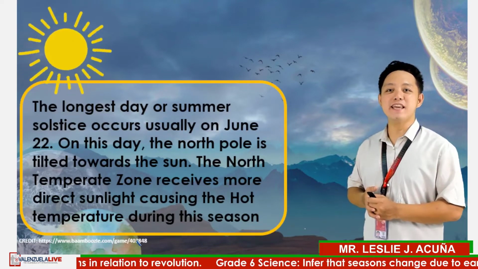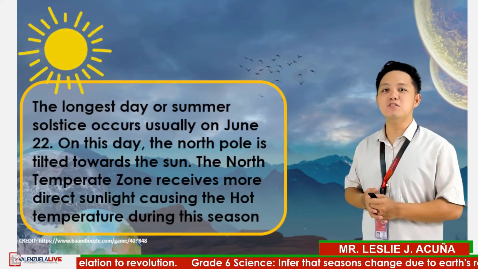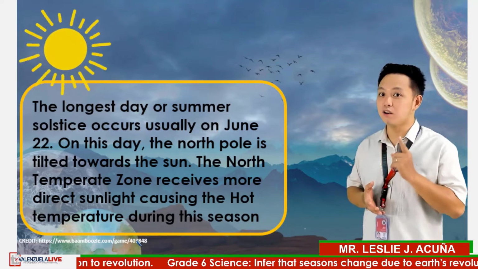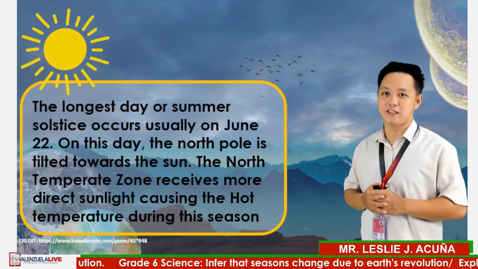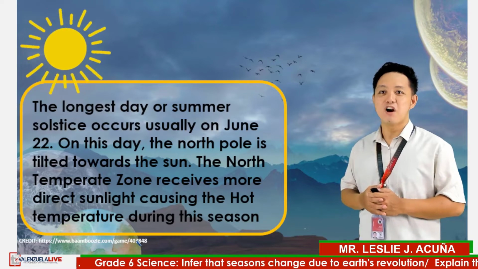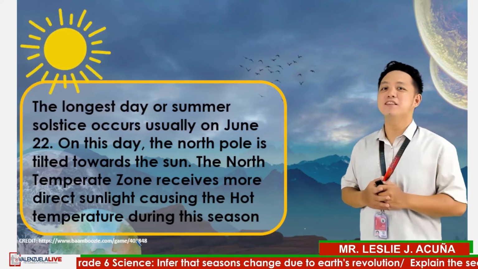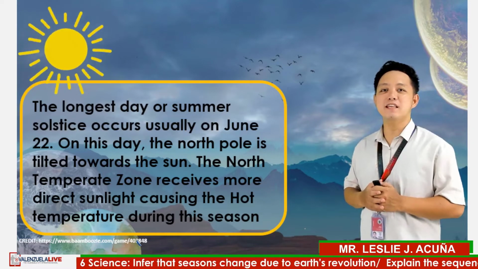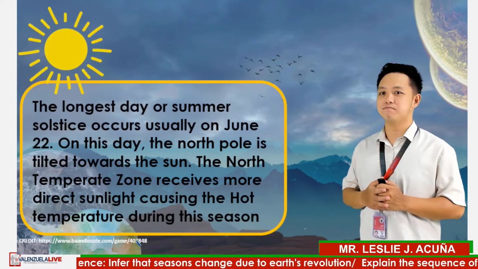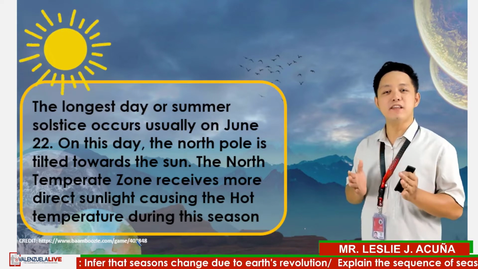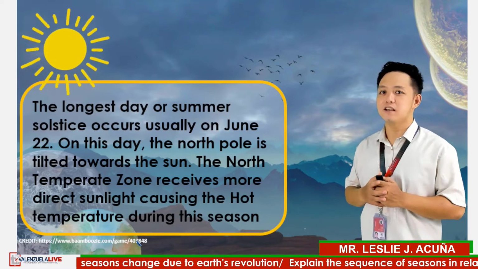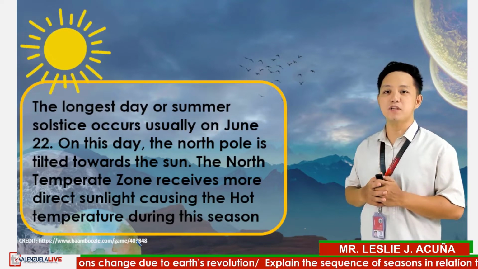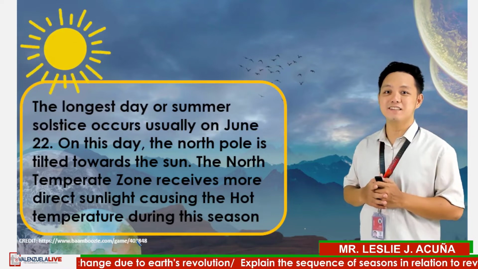The longest day, or summer solstice, occurs usually on June 22. On this day, the North Pole is tilted towards the sun. The north temperate zone receives more direct sunlight, causing the hot temperature during the season.